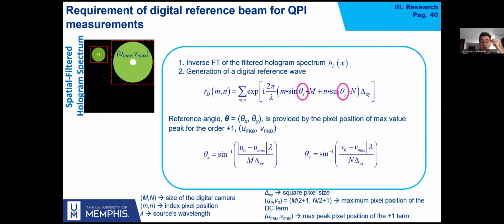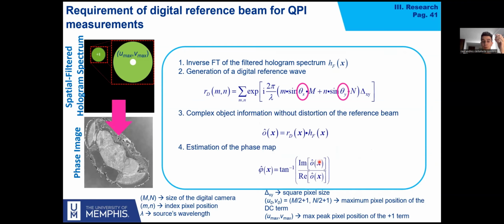These values are related with the position of the maximum peak value in the +1 term. So these angles can be computed because they are related with the pixel position of the maximum value of the +1 term and the pixel position of the maximum value of the DC term. So we can use these two equations in order to compute theta x and theta y.